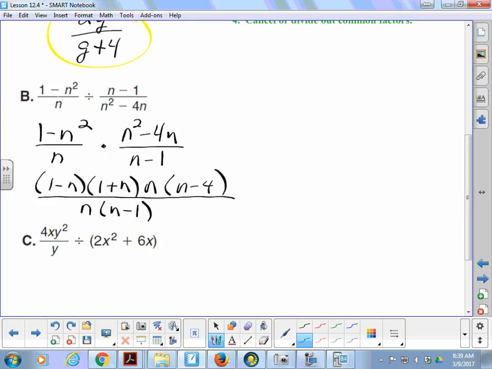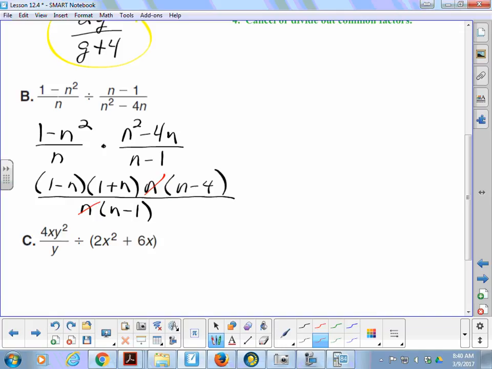But we'll talk about that in just a second. Anything else that we can get rid of, though? How about n? It's a factor in both the numerator and the denominator. So I can get rid of the n.